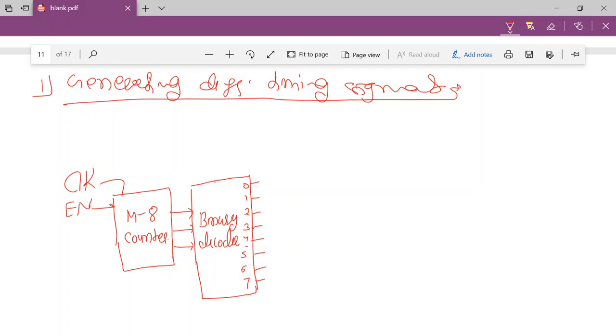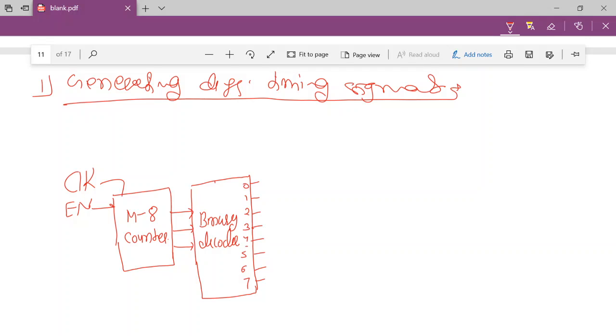Whenever we are discussing a modulo 8 counter or a general counter, that means we are talking about the binary counter, not any other, such as gray or ring counter. Now you are familiar with the functionality of this modulo 8 counter. Whenever we start this counter, it will start from 0.